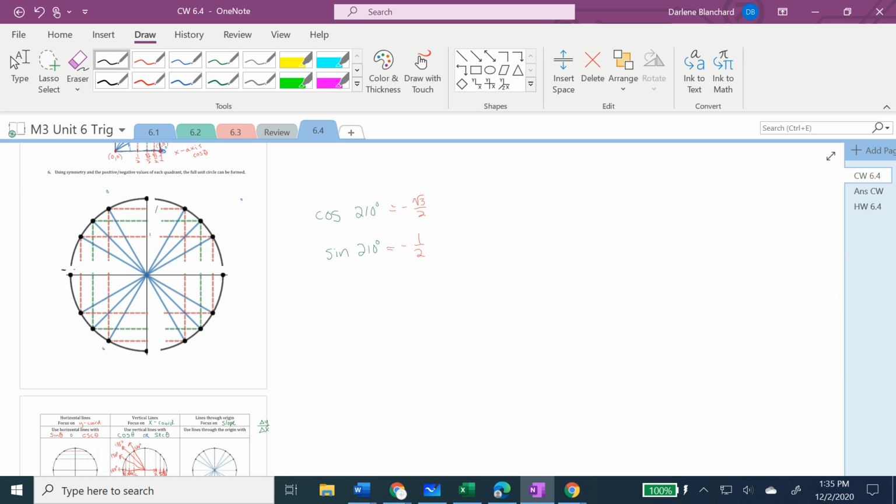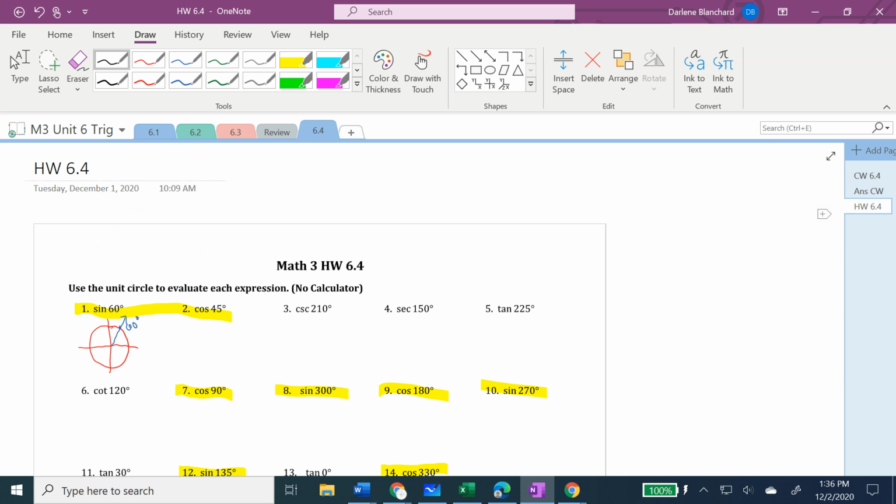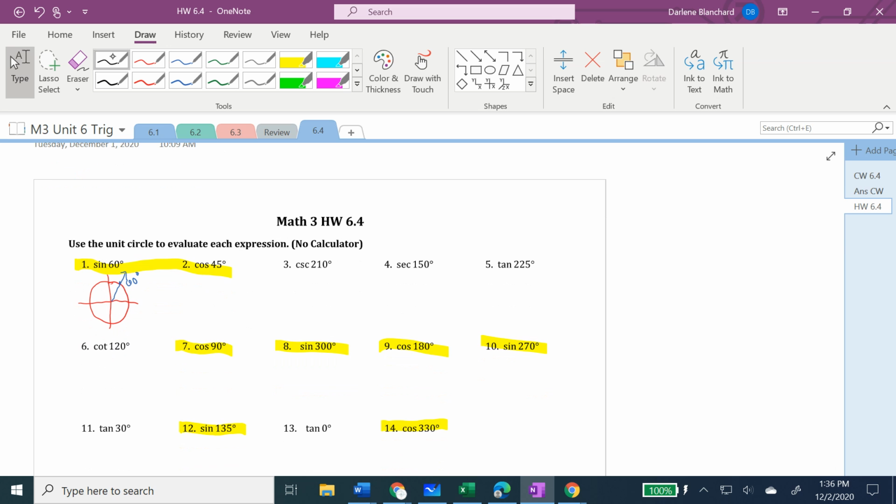All right, so what you want to realize is if you have turned 60 degrees, the y coordinate of that point is on the positive y-axis, and 1, 2, 3, it is the square root of 3 over 2. If you are asked what is the cosine of 45 degrees, you know that 45 degrees is halfway through a quadrant.